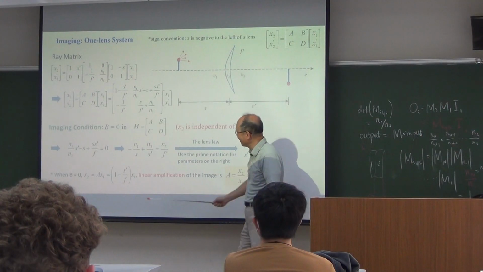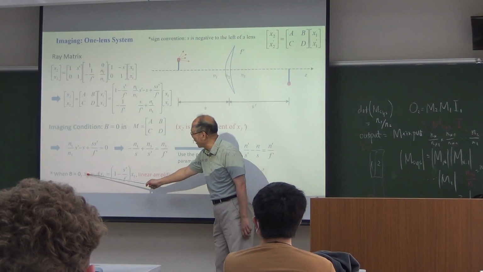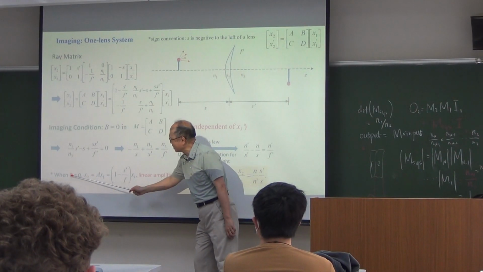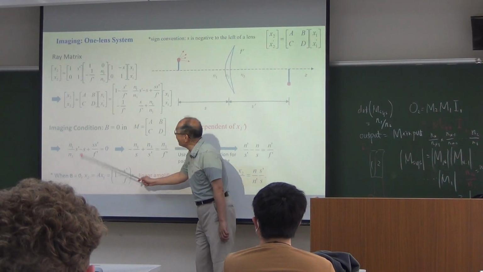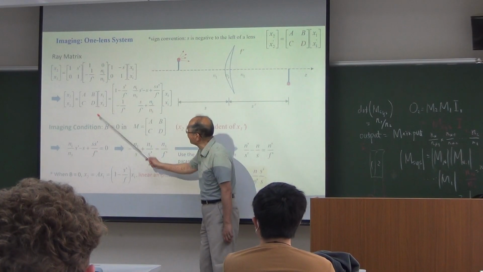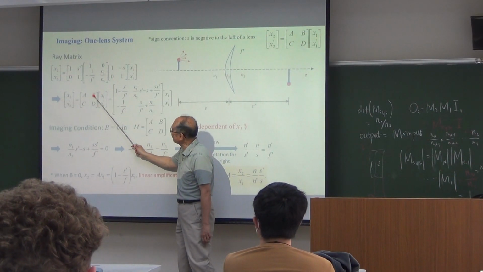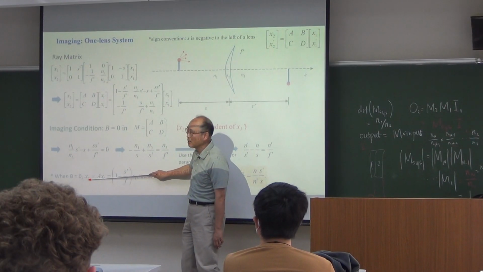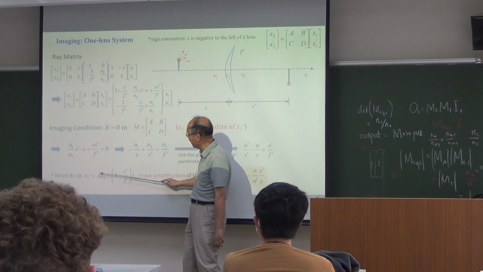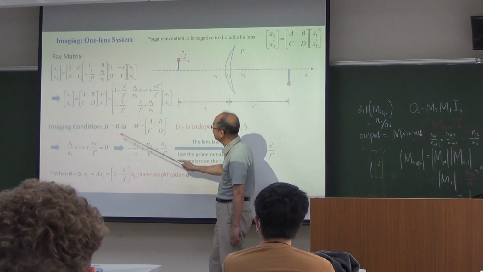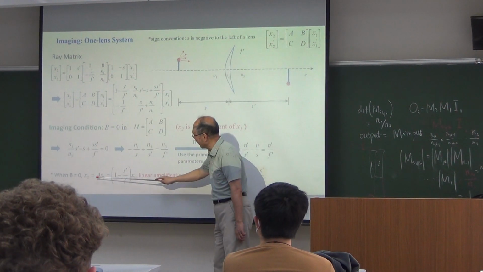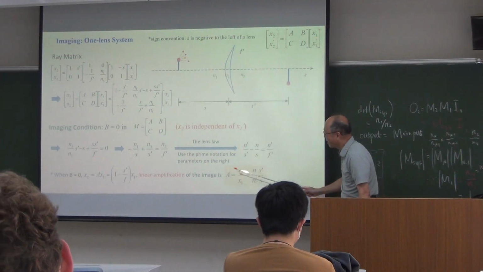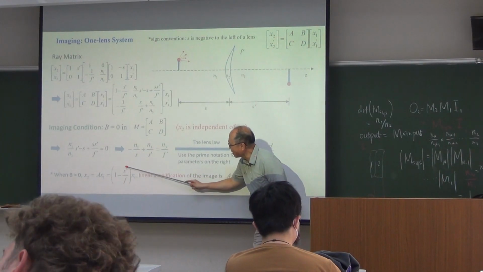If you want to know the dimension, for example, x2 over x1, then under b equals 0, the image condition, it's easy, because when you set b equals 0, x2 is basically just a times x1. So this a has a physical meaning. You take x2 over x1, you get this. This is the magnification.